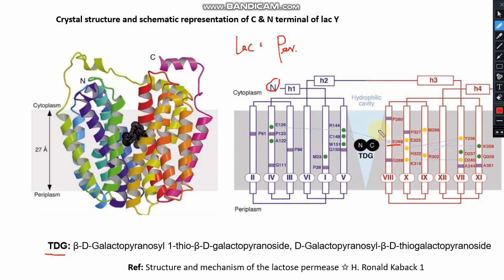Between the N-terminal and the C-terminal, there is one hydrophilic cavity, and in this hydrophilic cavity this beta-galactoside binds. This is how it works, and this is a very important transportation system of the beta-galactoside into the E. coli cells.